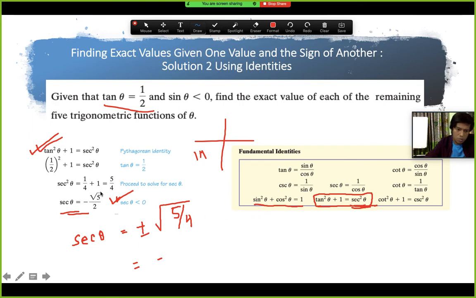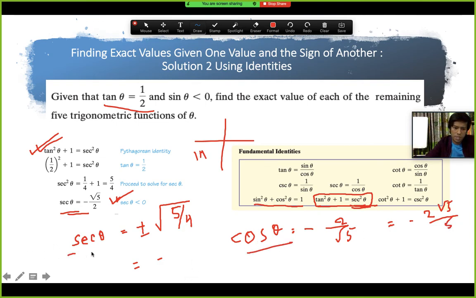Sec theta equals minus root 5/2. So now you know how to find cos theta, because cos theta will have the same sign, but it will be the reciprocal. So cos theta will be minus 2/√5. Downside we cannot write a root, so it will be minus 2√5 divided by 5.